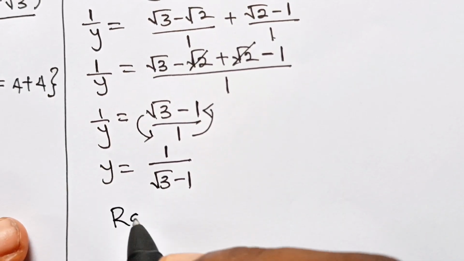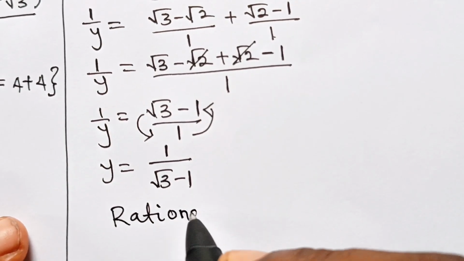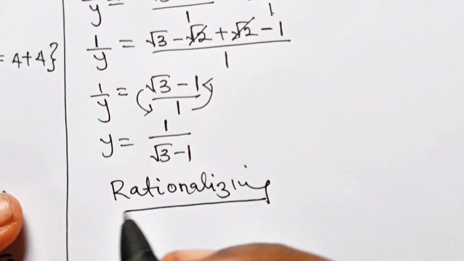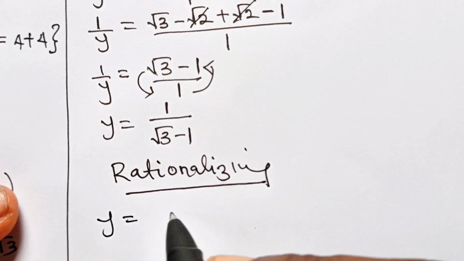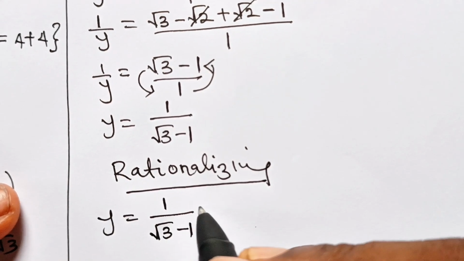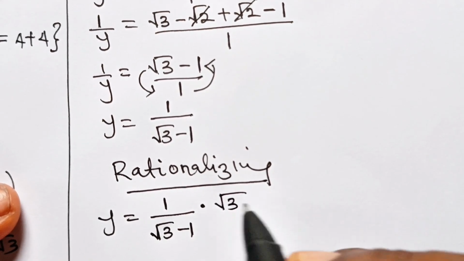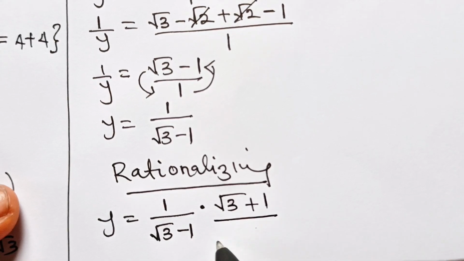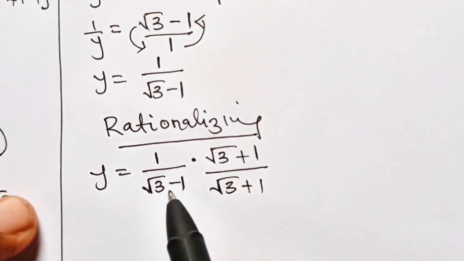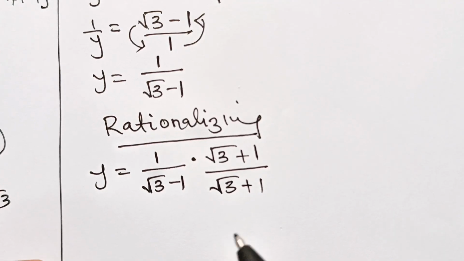So rationalizing, we have y is 1 over root 3 minus 1 multiplied by root 3 plus 1 over root 3 plus 1. Remember that to rationalize, you use the conjugate of your denominator.